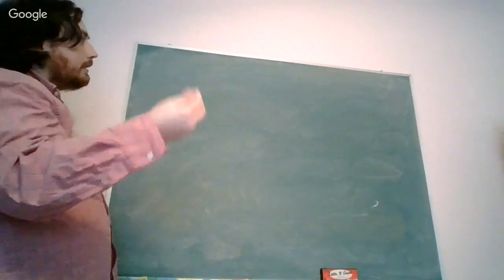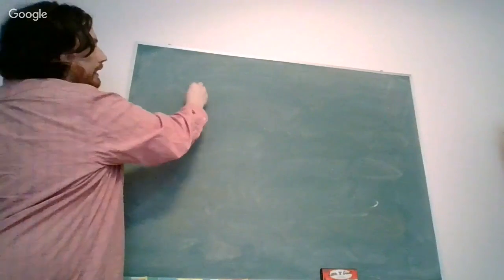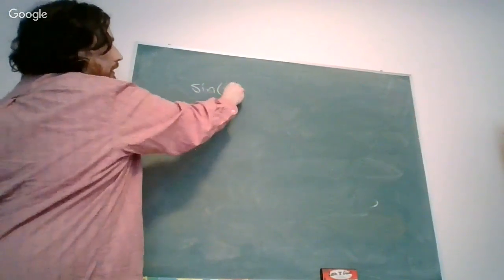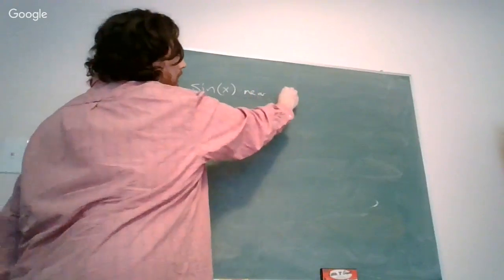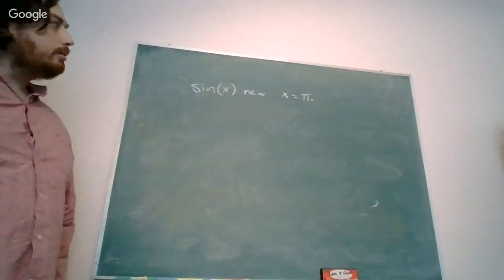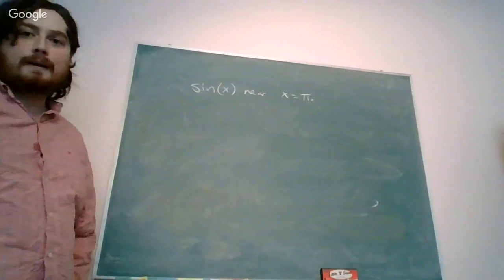So the idea is we have something like, what is sine of x near x equals pi? Find the linear approximation to sine of x near x equals pi.